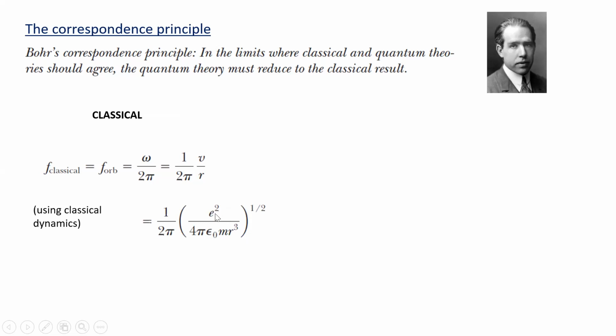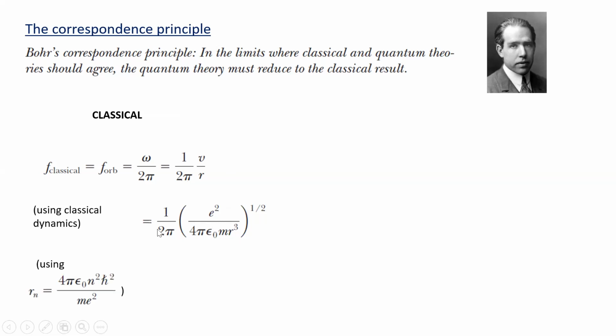v is e squared over 4 pi epsilon naught m r squared to the 1/2. So we get this expression here just from using classical dynamics as we did before for v.